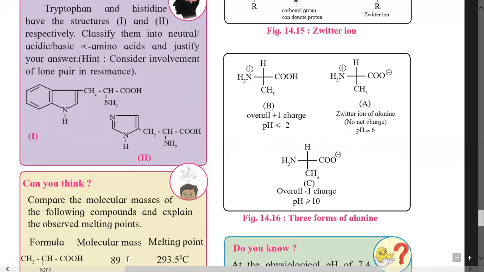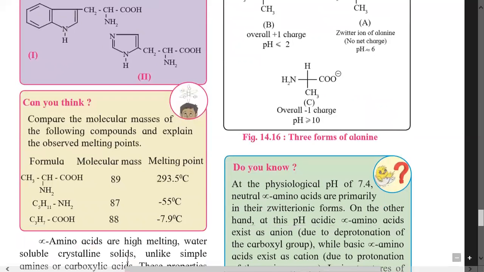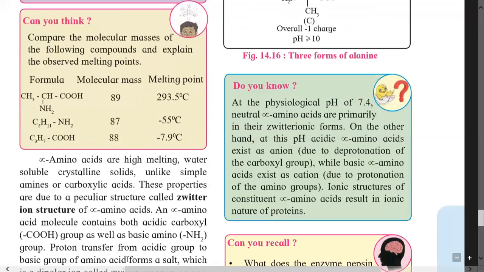Then one proton transfer takes place that gives NH3 plus and COO minus. The remaining groups are hydrogen and CH3. This is a Zwitter ion of alanine, no net charge, and therefore pH is nearly equal to 6. Then this is negatively charged, that is, if a proton is lost, then it contains an overall charge of minus 1 and pH is greater than or equal to 10. So these are the three forms of alanine.